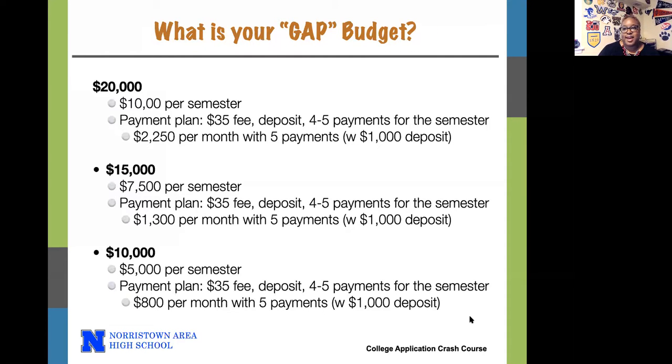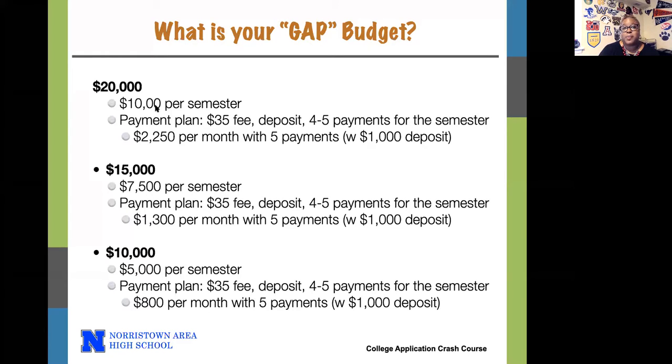So let's say that when you get that Parent Plus loan and or you have a gap of $20,000. And just to go backwards, when it has Parent Plus loan, that's the gap. Gap and Parent Plus loans is usually the same thing, okay? So if you have a $20,000 gap, you're going to pay your tuition by semester.